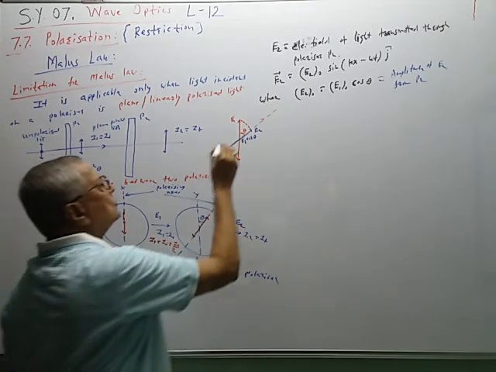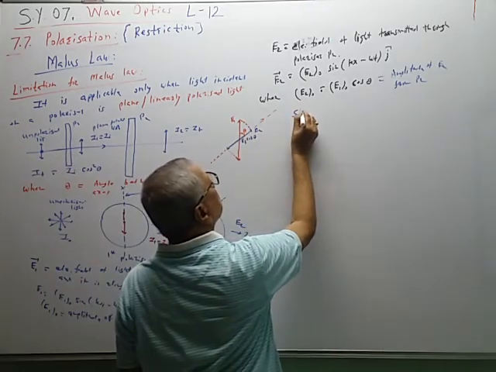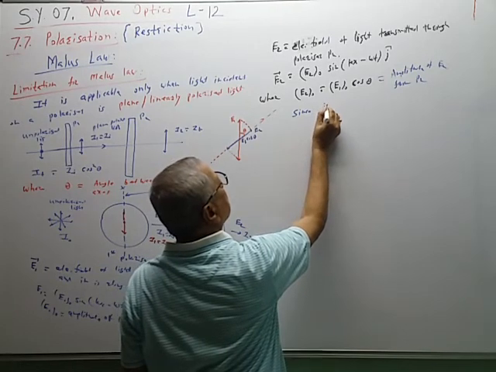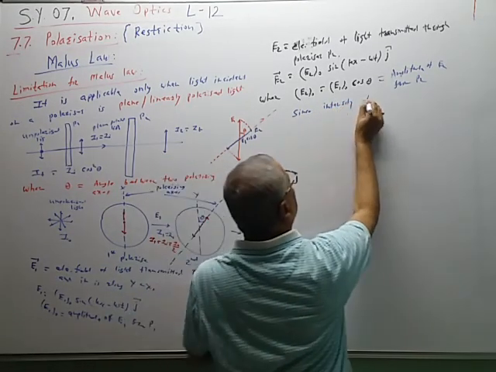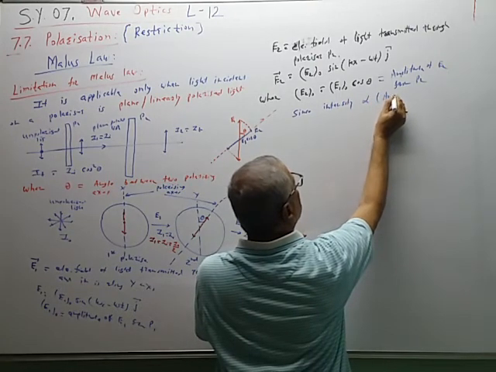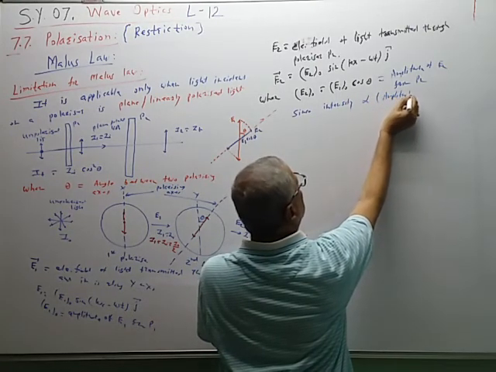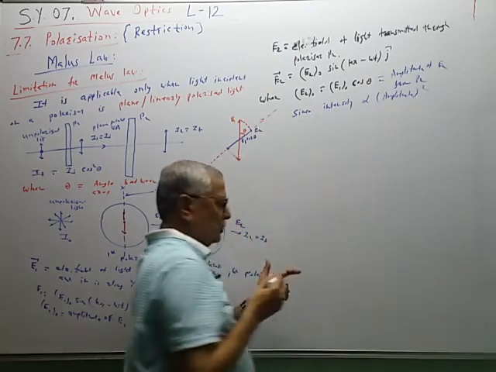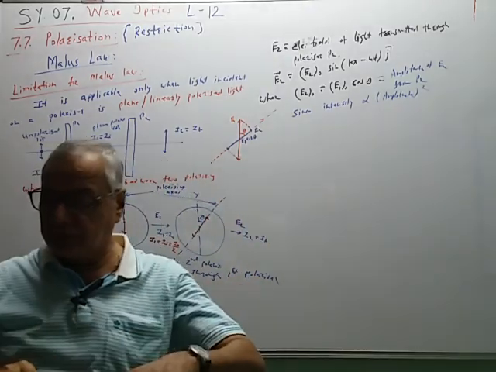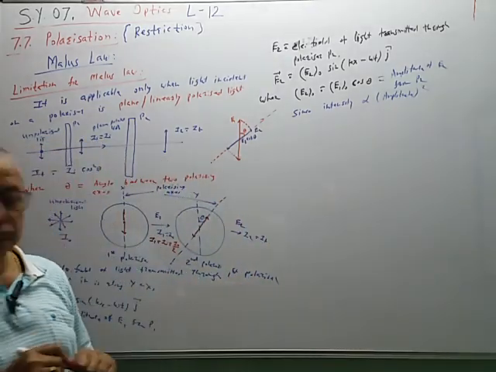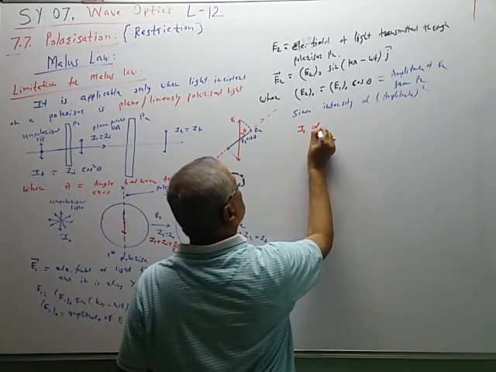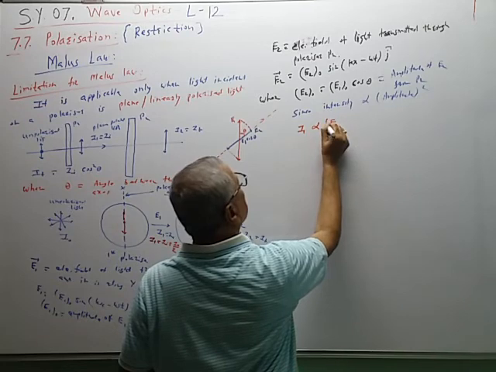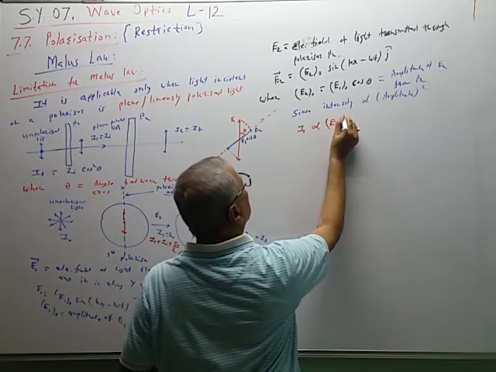Since intensity is directly proportional to the square of amplitude, I1 is directly proportional to E1 0 square.